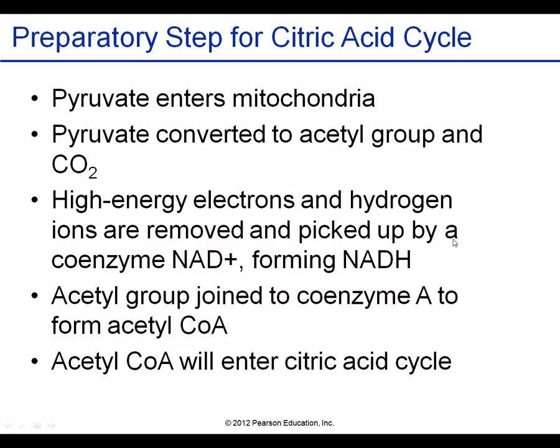So the high energy electrons and the hydrogen ions that are removed, they will be making NADH. So now you have the NADH being formed, and that's also a preparatory step. By the way, this NADH can start to go also into the mitochondria. It can get sucked from the cytoplasm into the mitochondria because we're going to need it in the mitochondria in a little bit. Sounds good?